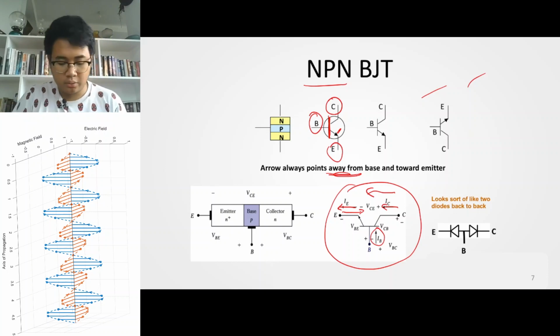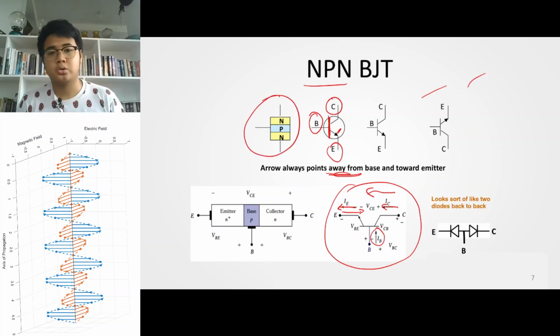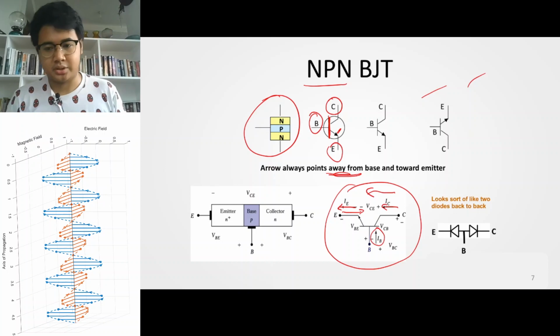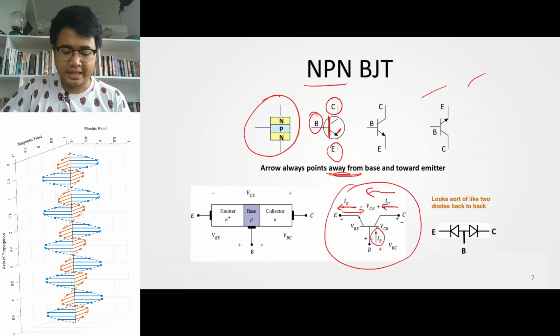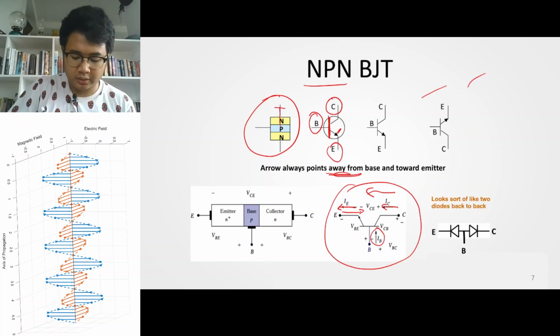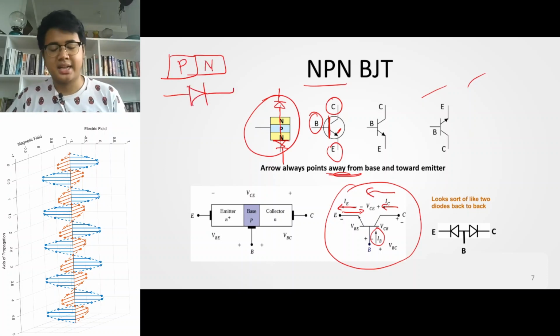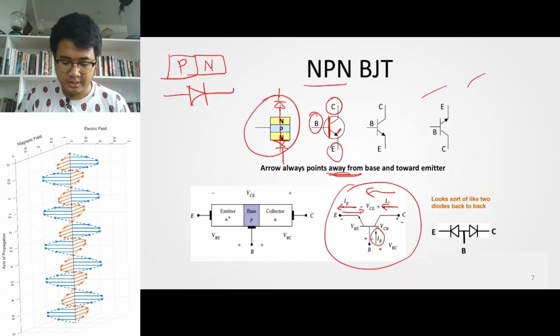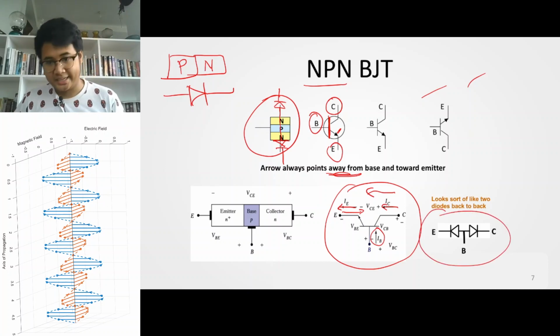Okay, now going back to the structure of your bipolar junction transistor, it looks like two diodes that are connected side by side. Since a diode is a p-n junction, recall from the previous lecture, this NPN BJT looks like two diodes back to back.